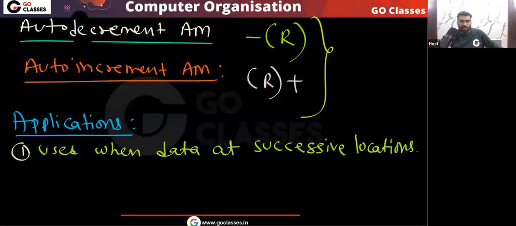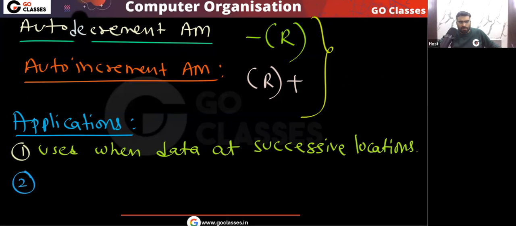Like a list. So remember, applications: when you are incrementing or decrementing, it means your data is at successive locations, and at that point you can use auto decrement and auto increment. This is used when data is at successive locations.